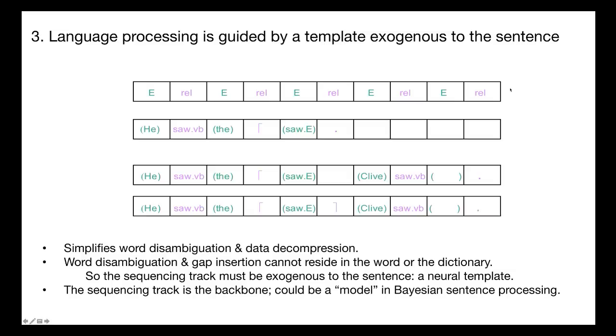So if we take a sentence like he saw the saw that I saw, we're going to drop the entity into this box. Well, then the next box over is expecting a relation. So it's going to take the verb sense of saw. Then the next box is expecting an entity. So the goes in there just fine.